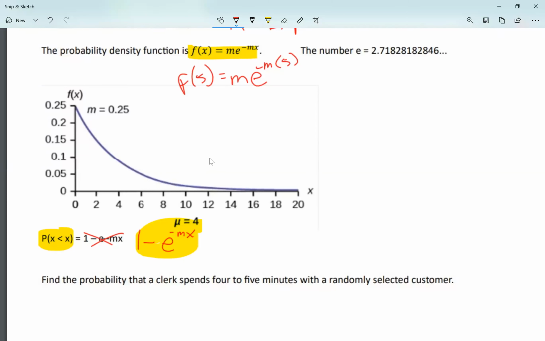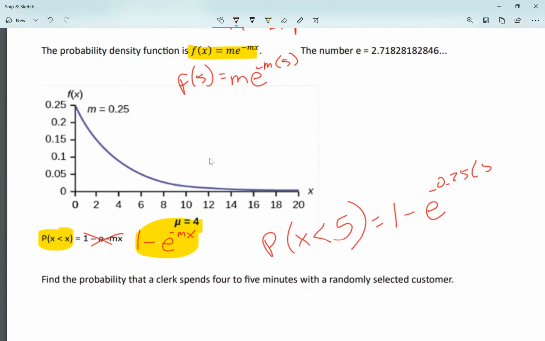If I want to know the probability that the clerk is going to spend 5 minutes or less, I'm basically asking what's the probability that x is less than 5. So not exactly 5 minutes. We just figured out the probability of 5 minutes. Now I want to know the probability of 5 minutes or less. So then we just say 1 minus e to the negative 0.25 times 5.